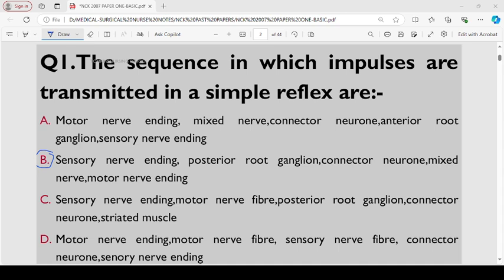Option C is incorrect because motor fibers should come after the connector neuron, while option D is equally wrong because sensory information is received first, not motor input. Okay, so that's how that question ought to have been approached.